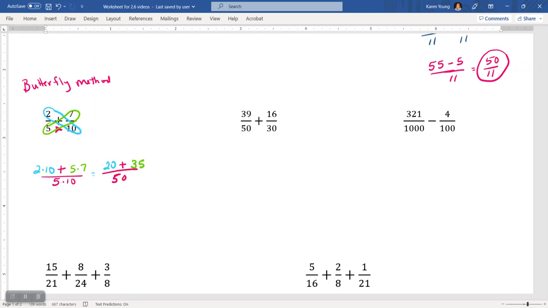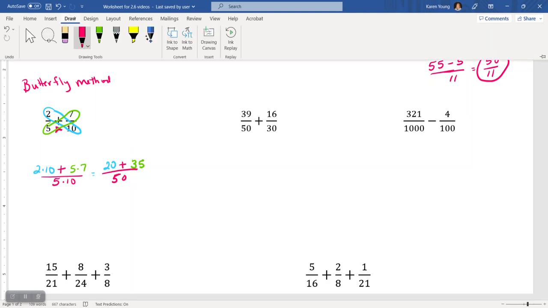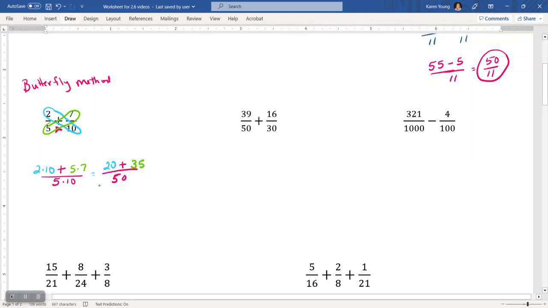Now, you don't always have to get the smallest common denominator. In grade school, we're always taught to find the smallest common denominator. In this case, we don't have to. We can just find a common denominator, and then we reduce it at the end. So 20 plus 35 is 55 over 50.